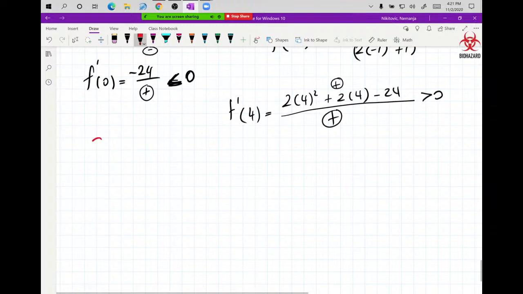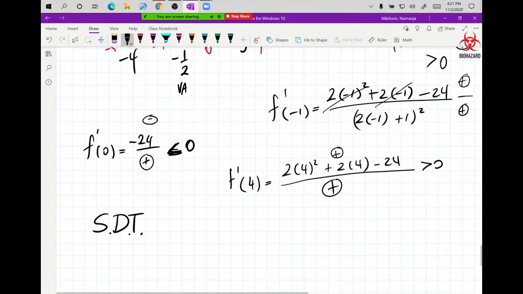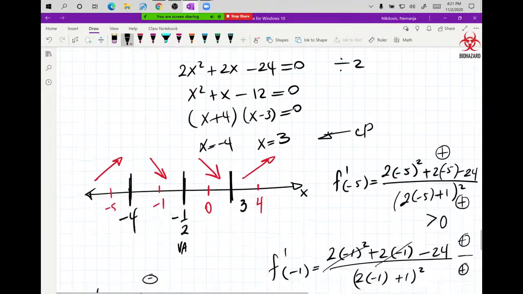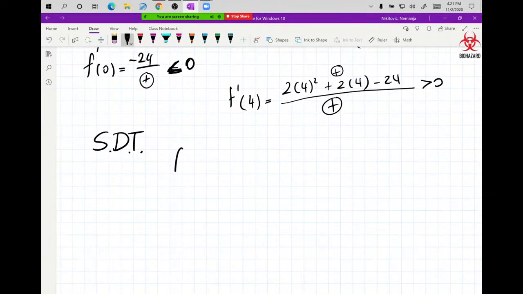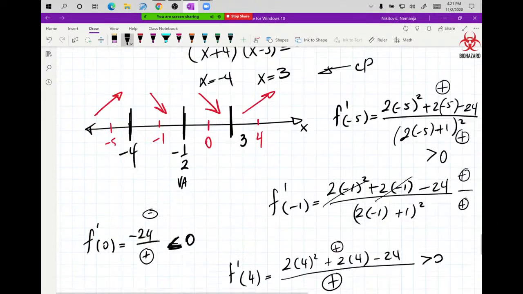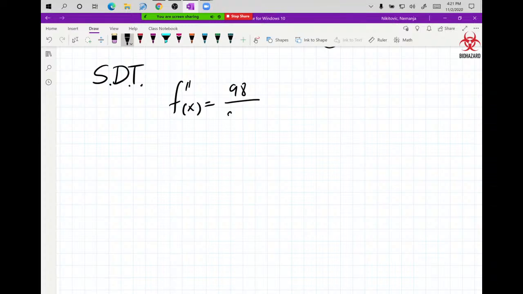Second derivative test. We take the second derivative, which is very, very easy, which is 98 divided by 2x plus 3 cubed.